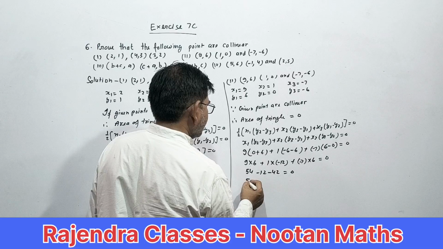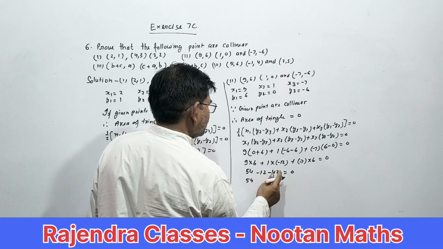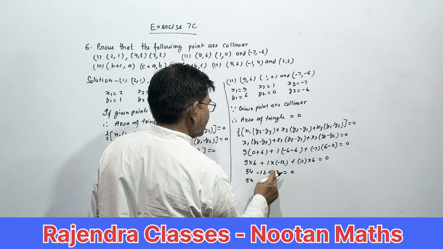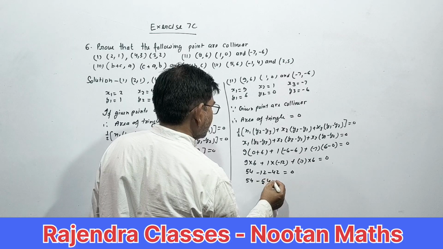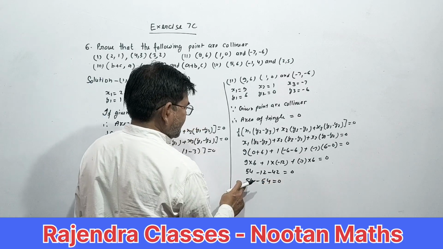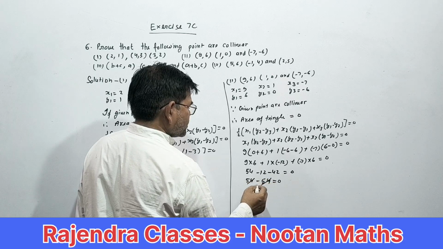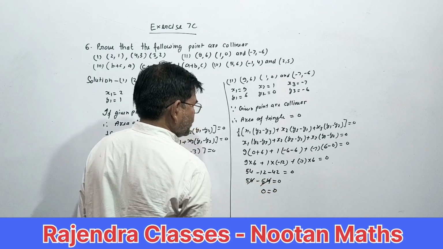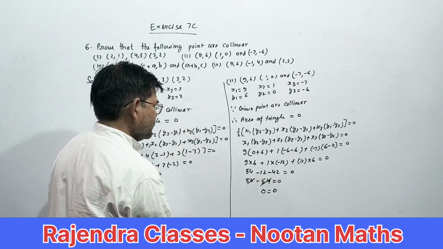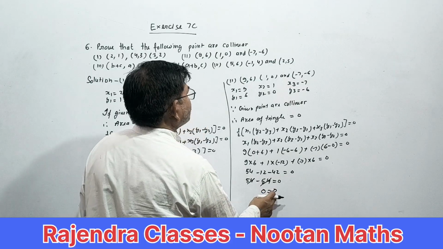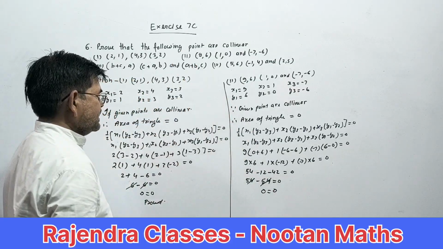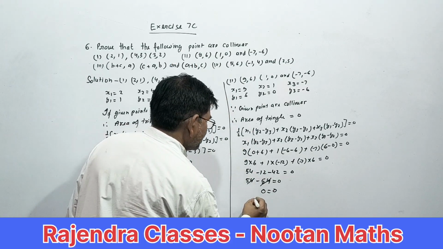We add 54, minus 12 and minus 42, equal to 0. Here this is plus and this is minus. Cross. 0 is equal to 0. So the given points are collinear. True.